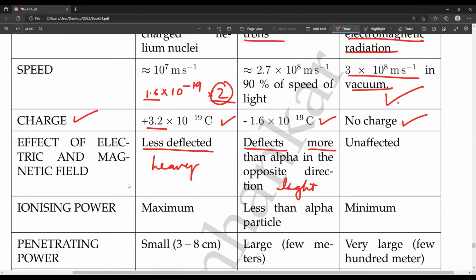They are deflected because this is positive and this is negative, and if there is an electric field, the alpha particle will definitely move toward the negative. The beta particle will definitely move toward the positive. Gamma is unaffected because electromagnetic waves are unaffected by electric and magnetic fields. That is what you had studied in chapter spectrum.